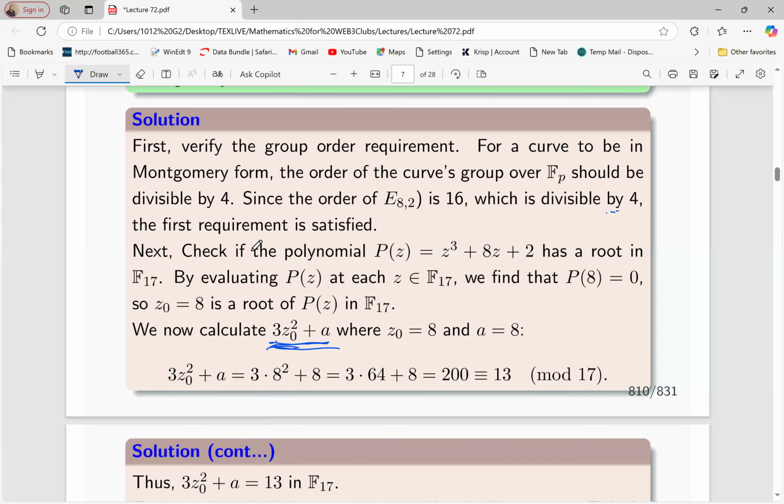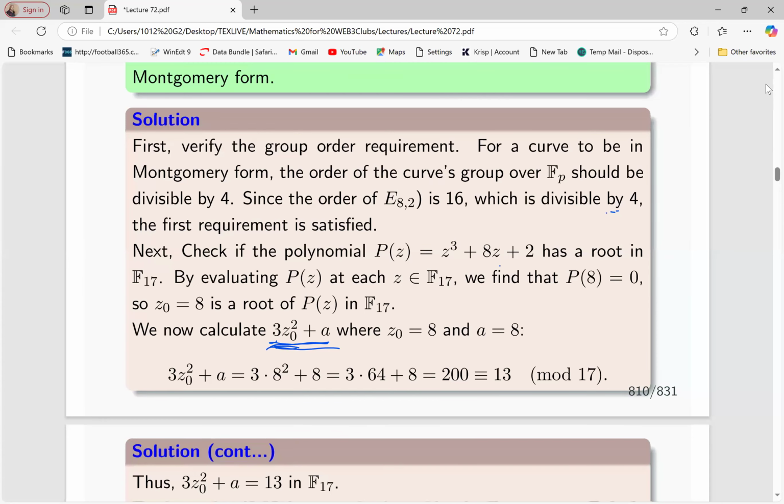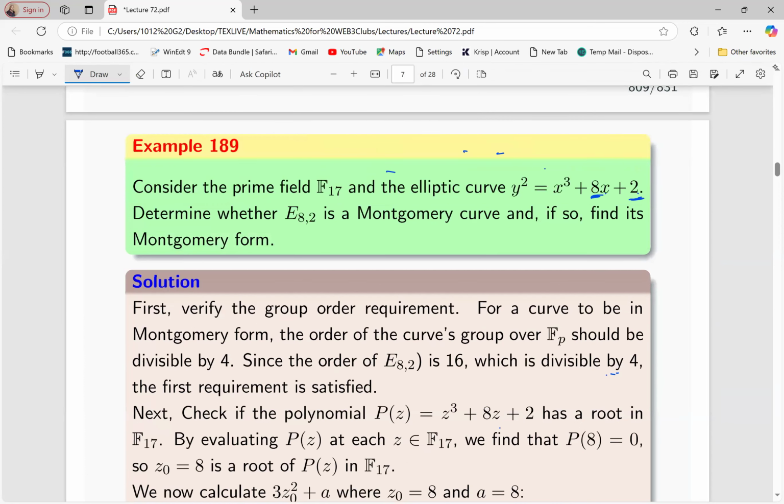It's the root. And then A, what is our A? We go back to the equation. And our A is 8 also from the equation.